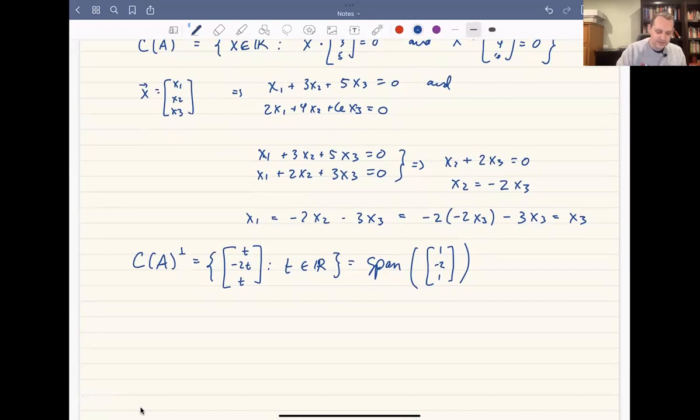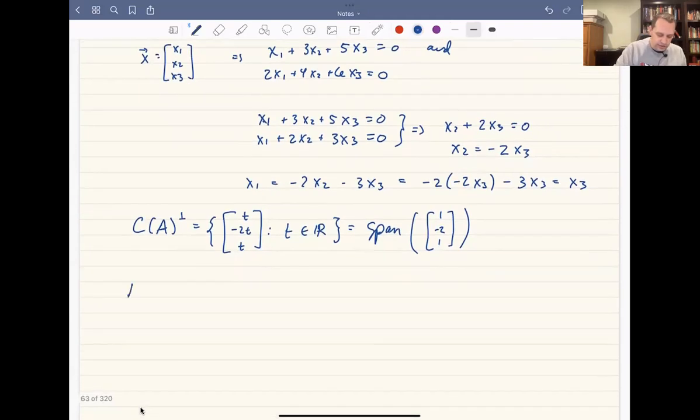But on the other hand, let's think about what the null space of A transpose is. Let's think about what that means.